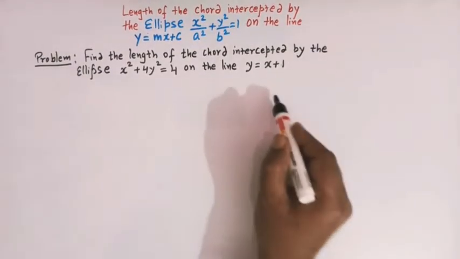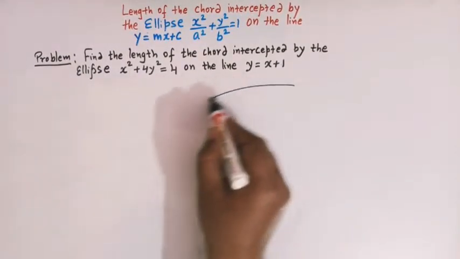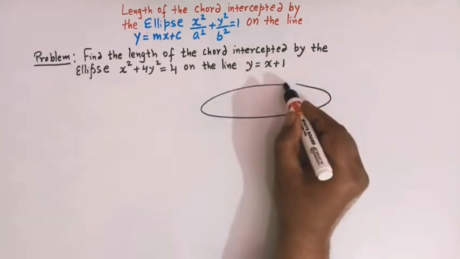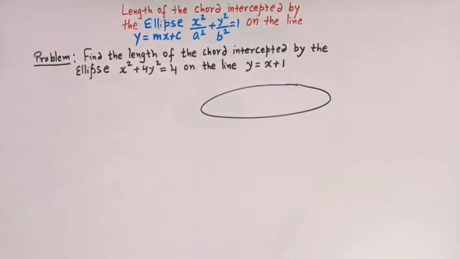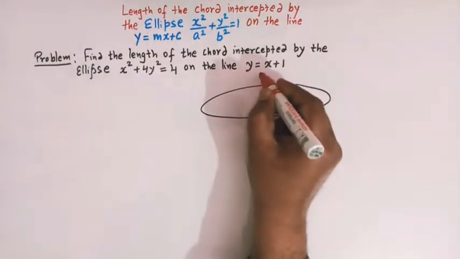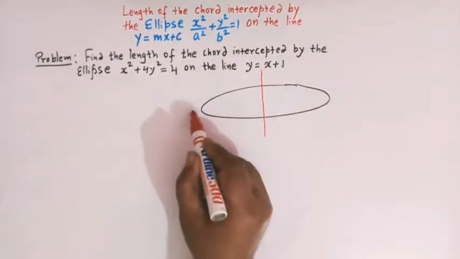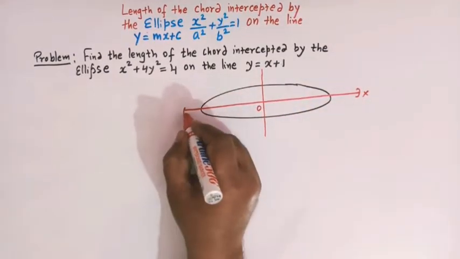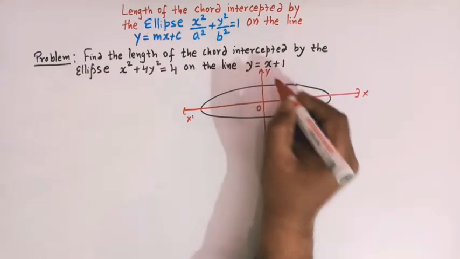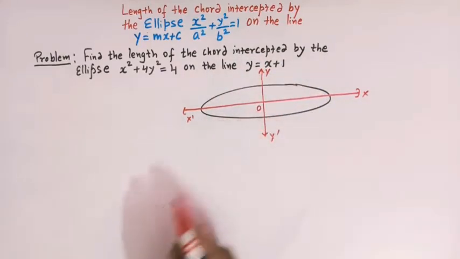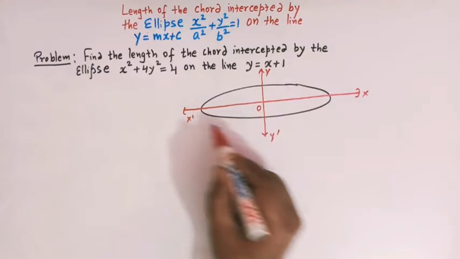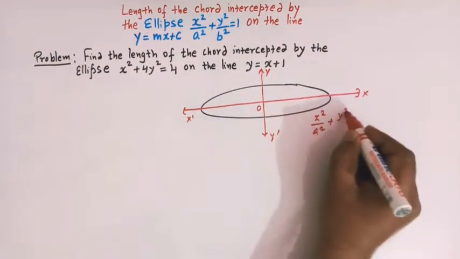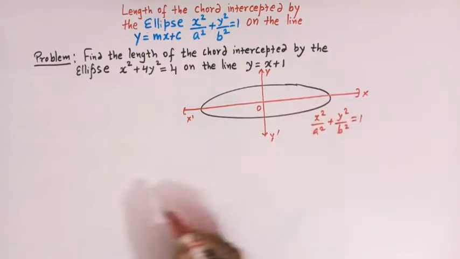So here we are given an ellipse, and here we have the axes, the x-axis and the y-axis. The equation of this ellipse is x square over a square plus y square over b square is equal to 1.